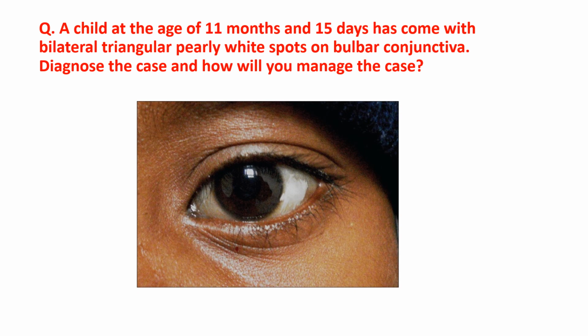Diagnose the case and how will you manage the case? Here the two things to note are, one is the age of the child, that is more than 11 months but less than a year. The description of the problem, that is bilateral, triangular, pearly white spot, the location on the bulbar conjunctiva.